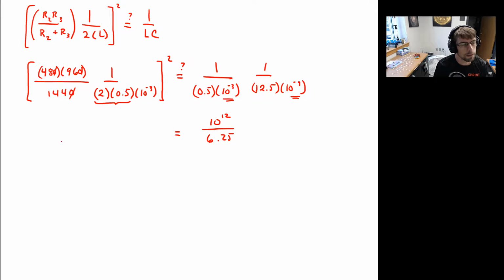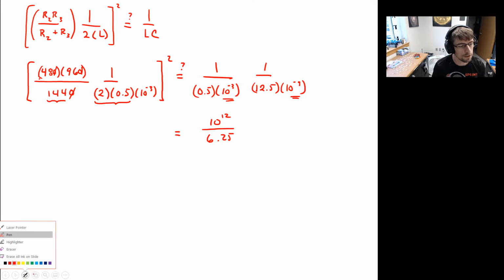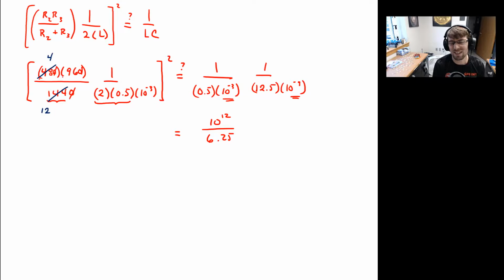So what do we have? I'm sure there's a common factor of 12. 144 is 12 times 12. And so I have a set of 12 here. Let me go to a different color so you can see what I'm doing. If I divide this by 12, I get 4. If I divide this by 12, I get 12. And 96 divided by 12 is 8. So I can cancel this one and get 8.